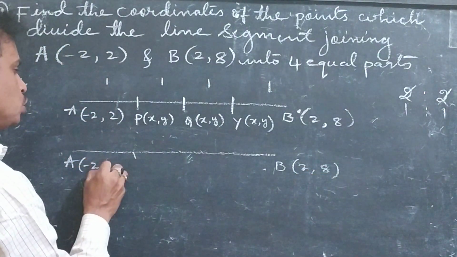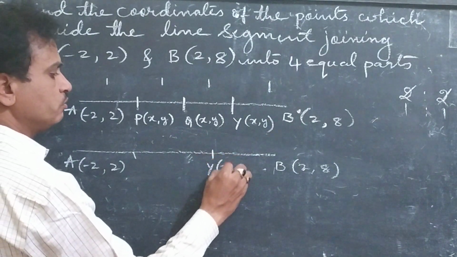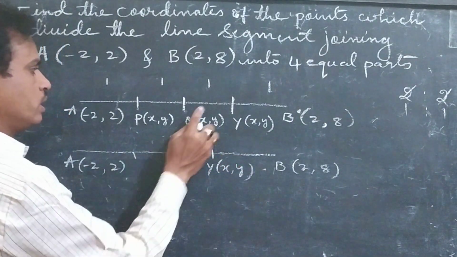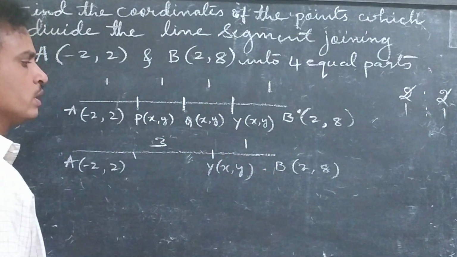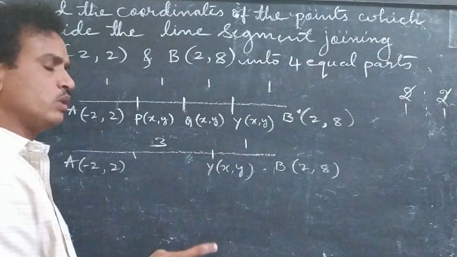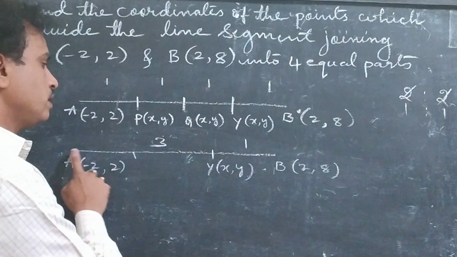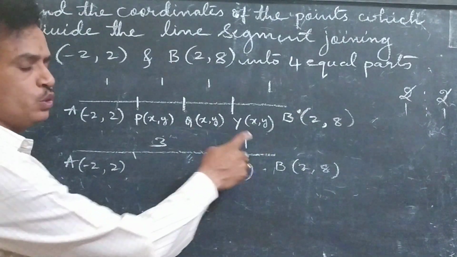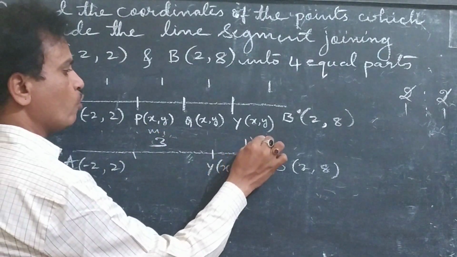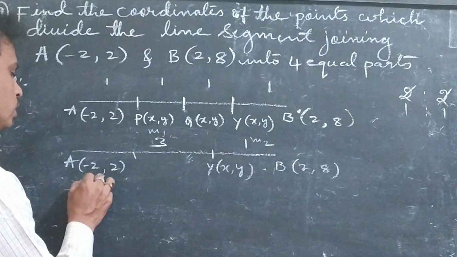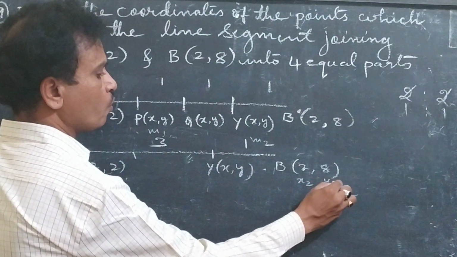This side is 3 and this side is 1. So point R divides the line segment in the ratio 3:1, and we take this as m1 and this as m2, with x1, y1 and x2, y2.